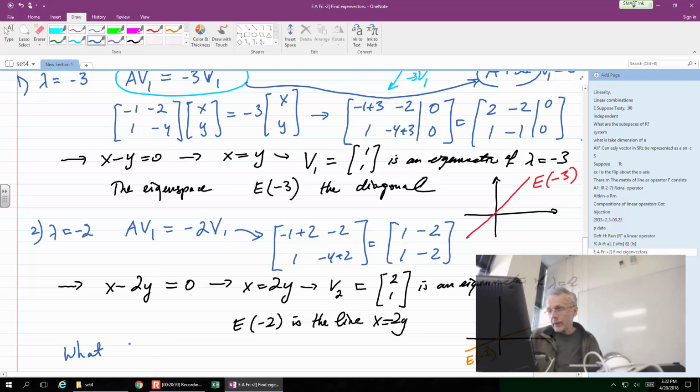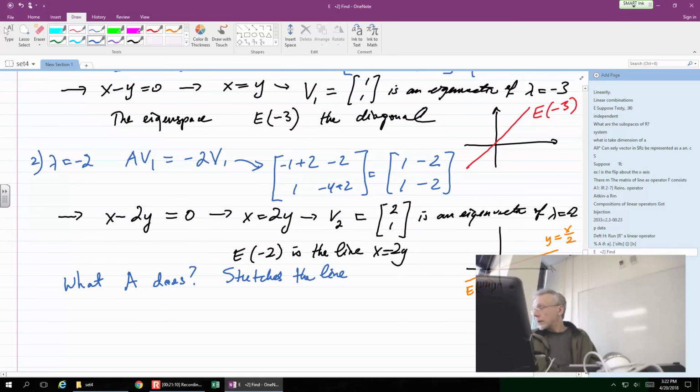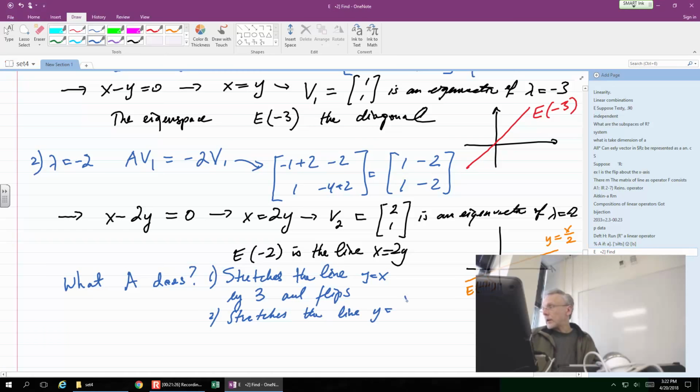So what A does to the plane is stretches the line y equal x by 3 and flips. Okay, so number 1. Number 2 stretches the line y equal x over 2 by 2 and flips.